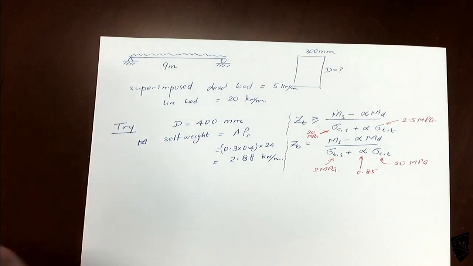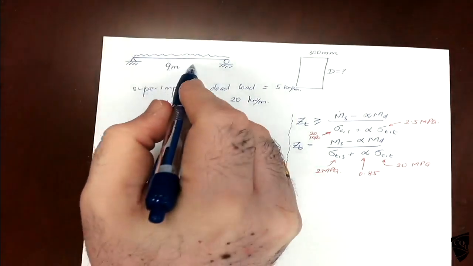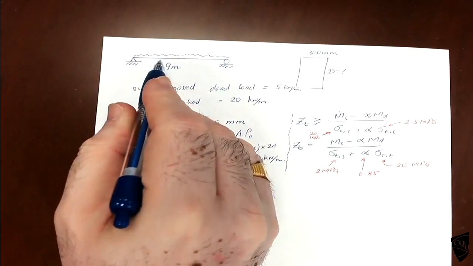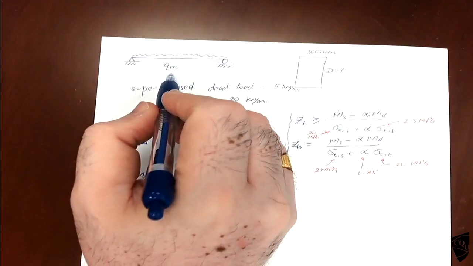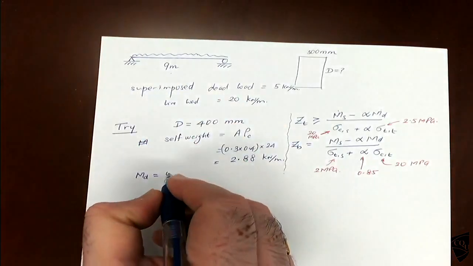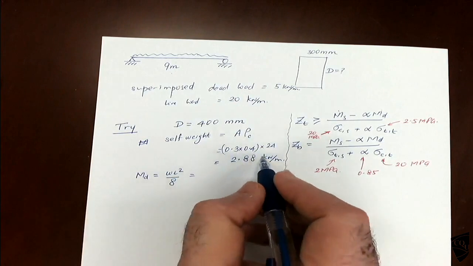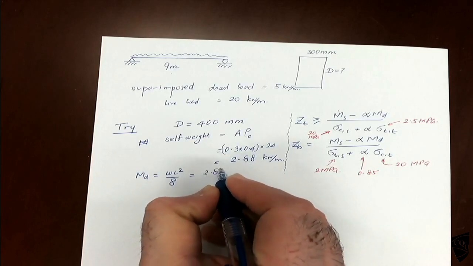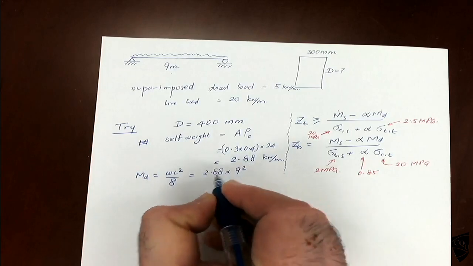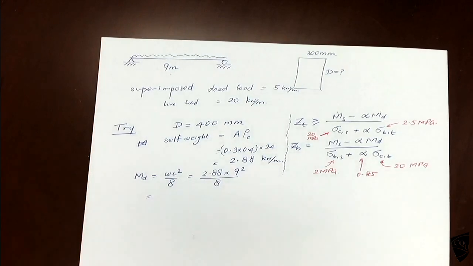Then if you work out the MD, this is a simply supported beam, so the maximum moment will be in the mid span. That is equal to WL squared by 8. W is the self weight only, so 2.88 times 9 squared upon 8.